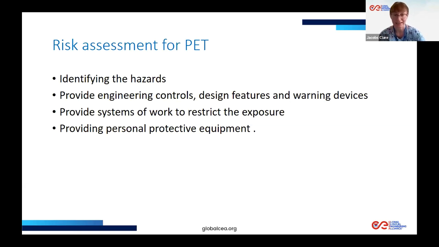So listed here are items that we need to identify in the risk assessment. First of all, we have to identify the hazards, think about what engineering controls, design features and warning devices we need. Also provide a system of work to restrict the radiation exposure, and also provide personal protective equipment.